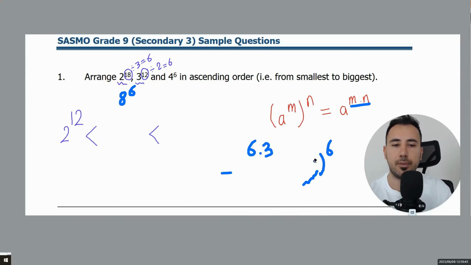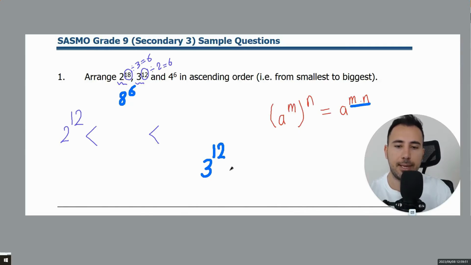Let's do the same thing for the other one. 3 to the power of 12. Again, I could write this as 3 to the power of 2 times 6 or 6 times 2, of course not different. So again, this 2 will go inside.